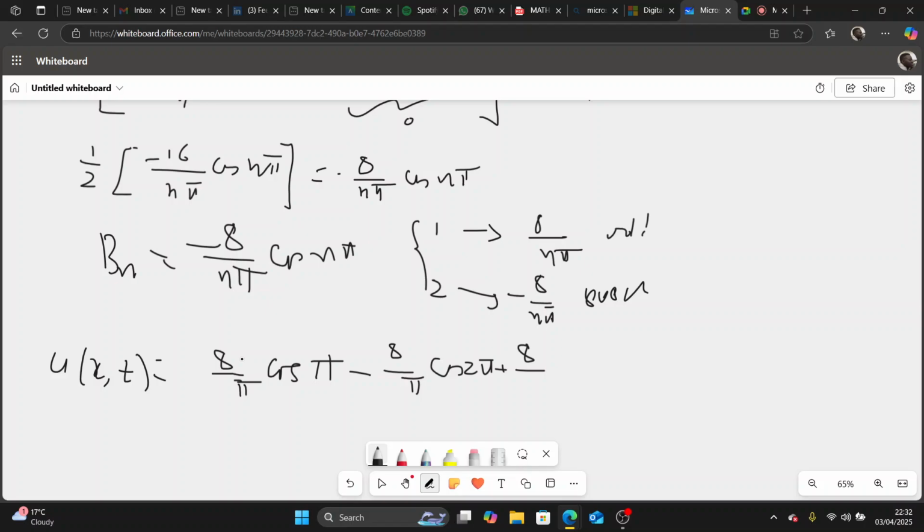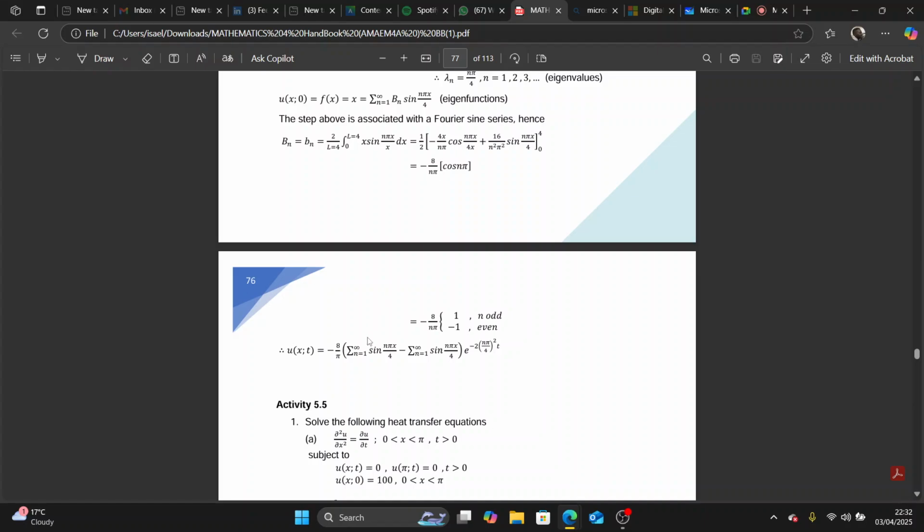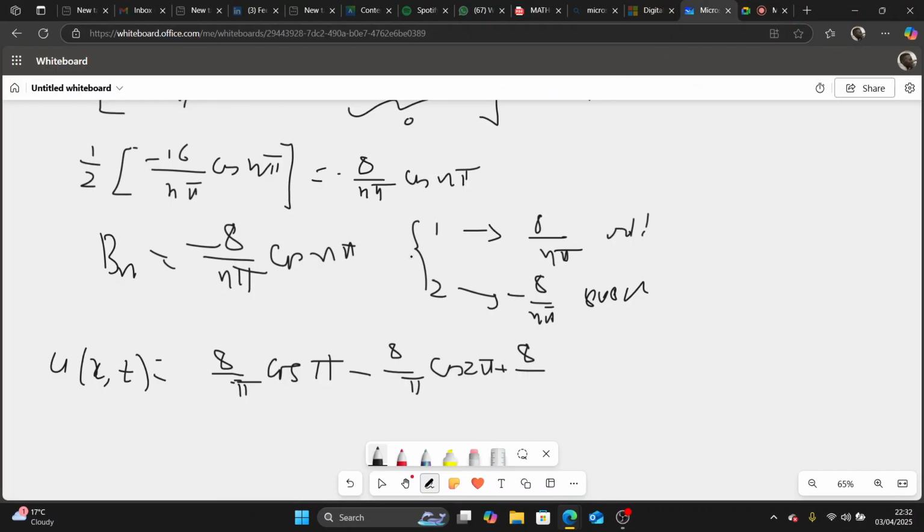When I'm writing my solution, I say if n equals 1, what will I have? I'll have this answer here. Let me see if they are also substituting the n. Now, when I come to this second solution here, if n equals 2, let's keep the n.